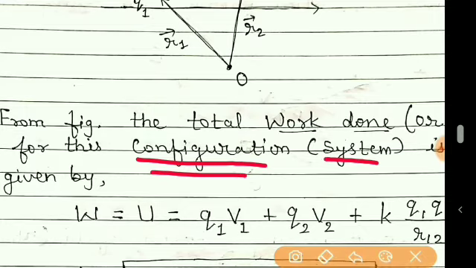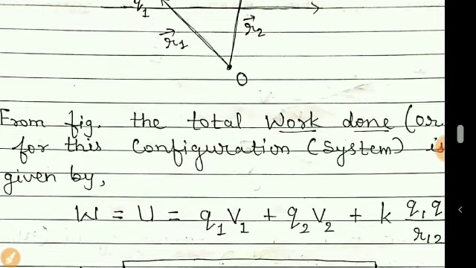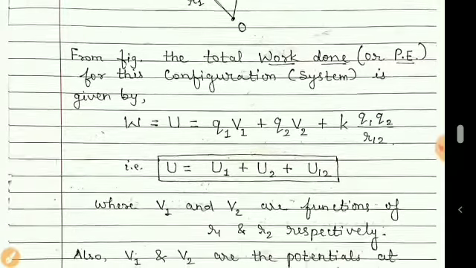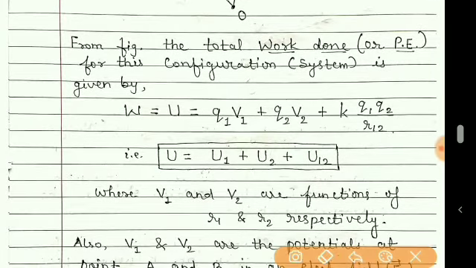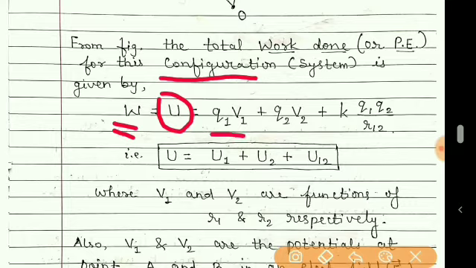So you can see here the mathematical steps that the work done to construct such a configuration gets stored in the form of potential energy, and that potential energy is this, that is U1, this, that is U2, and this between the two charges.